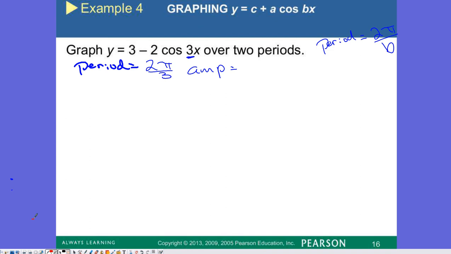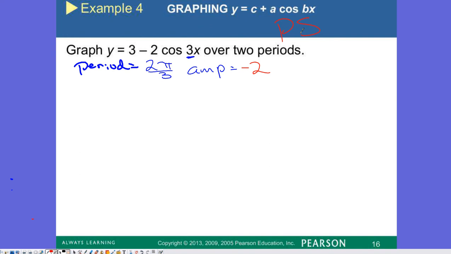Amplitude is the number in front of cosine or sine. So this one's going to be what? -2. It's the whole thing, include the sign. So it's going to be -2. Okay? So now, the next thing I'm going to have to find is my phase shift. Do I have a phase shift here?